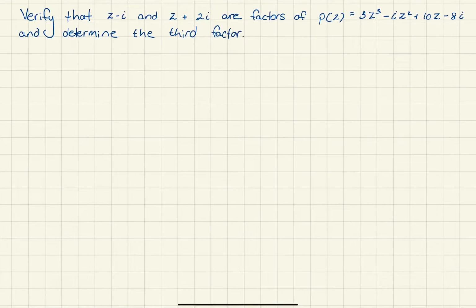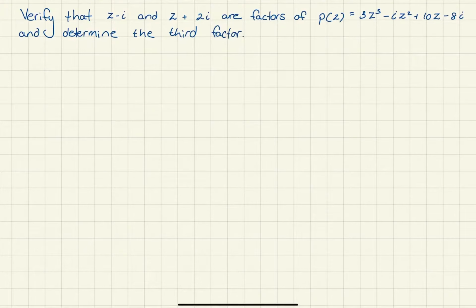Hey guys, in this video I'm quickly going to be talking about verifying factors of polynomials. We are still looking at complex factors of polynomials in this section, and this question has given us two factors of our larger polynomial.